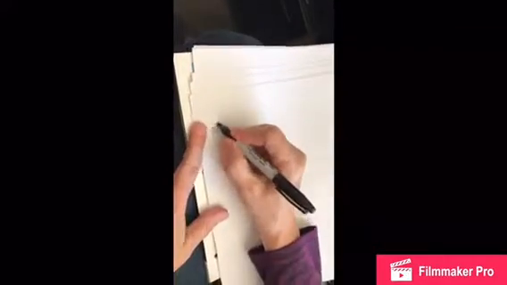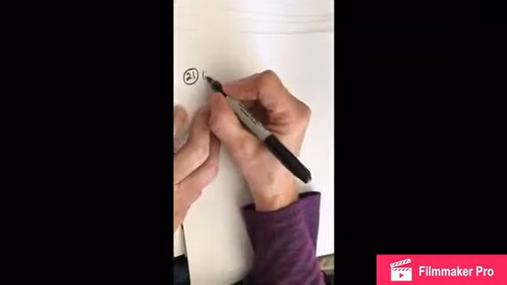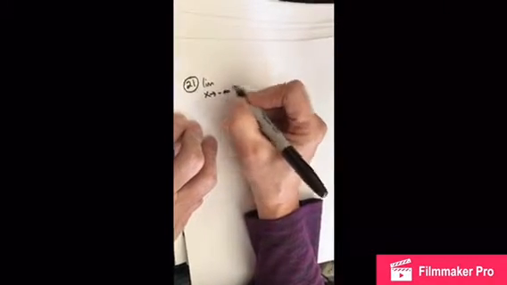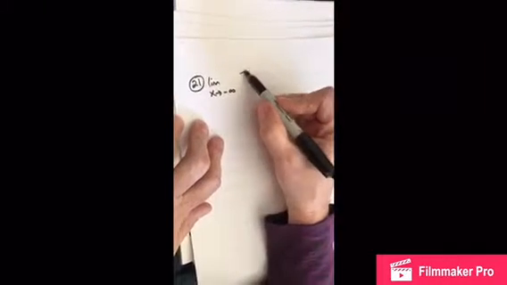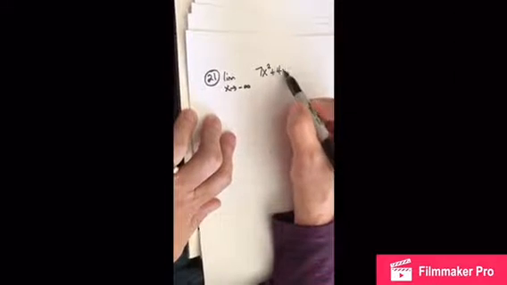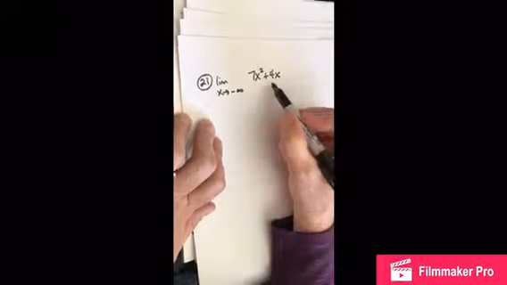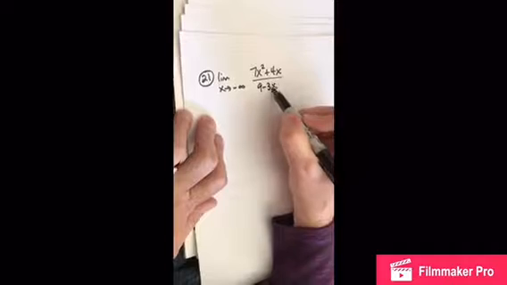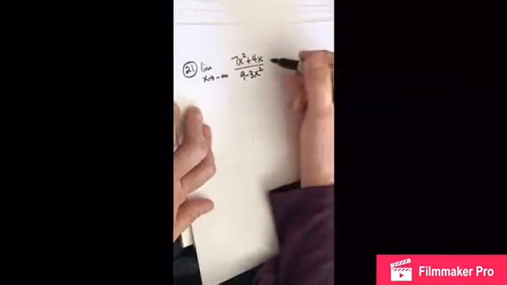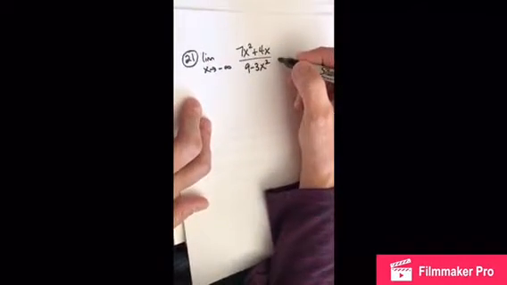Number 21. Limit as x approaches negative infinity of 7x squared plus 4x over 9 minus 3x squared. Again, you're going to get L'Hopital's rule. The requirements are met.